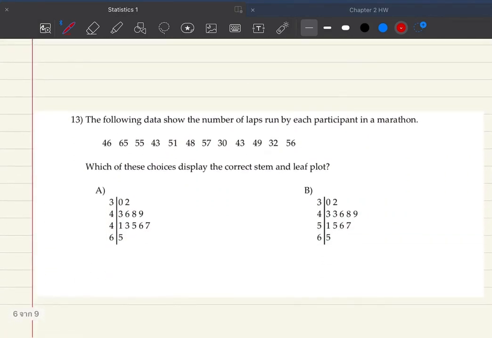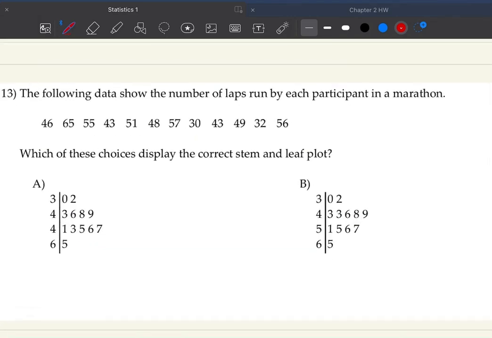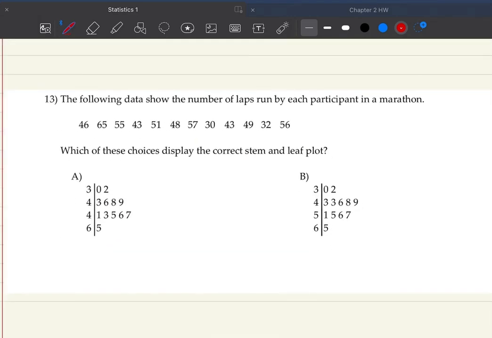The next question is, the following data show the number of laps run by each participant in a marathon. Which of these choices displays the correct stem and leaf plot? Remember, here and here will represent the first digit of the value.